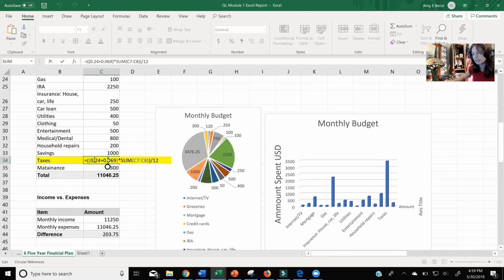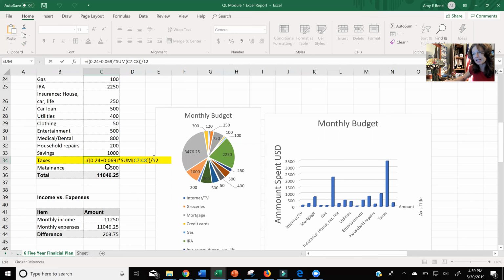So this is 24% plus 6.9% of, that's what times means, of all of our pay added together. You see that? 24% plus 6.9% of all of our pay added together.